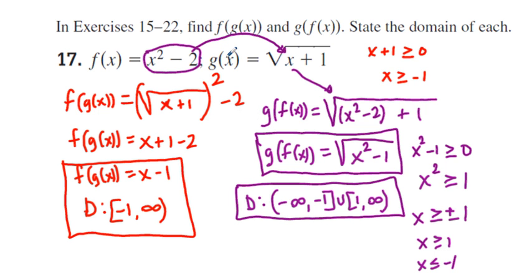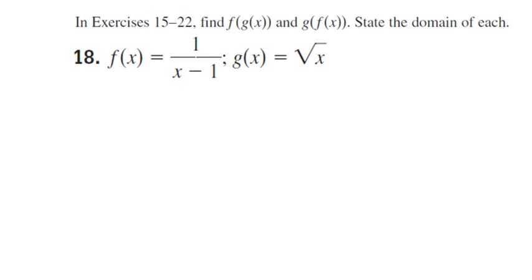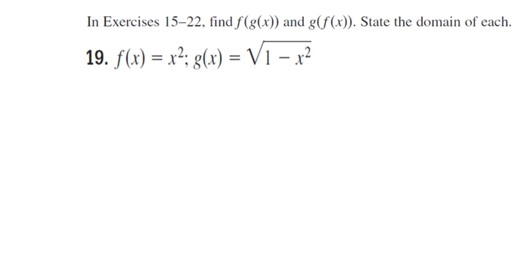So again, the order in the composition of functions does matter. Problem 19: we have f of x equals x squared, g of x equals the square root of quantity 1 minus x squared. We're going to find f of g of x, and to do that, we take this quantity 1 minus x squared and substitute it in for this x here.